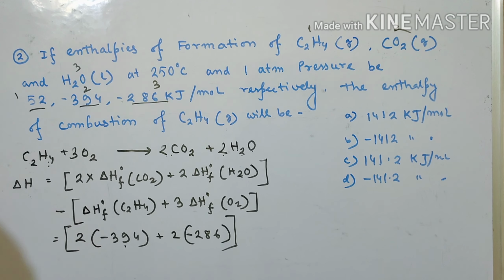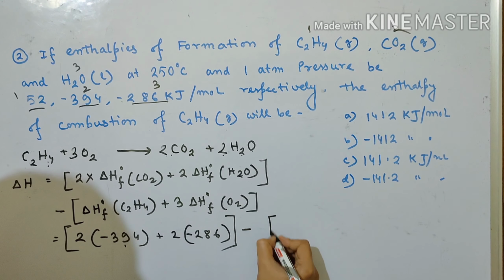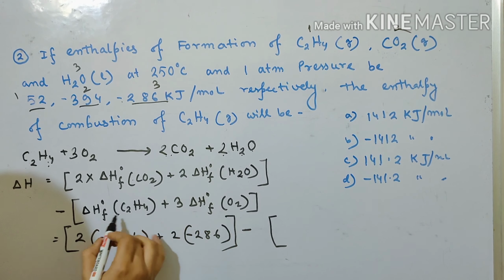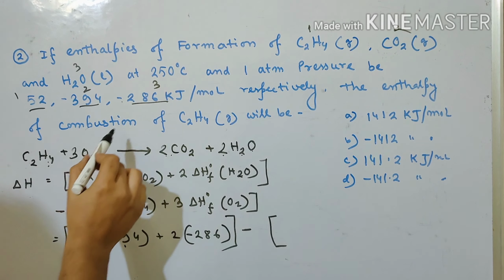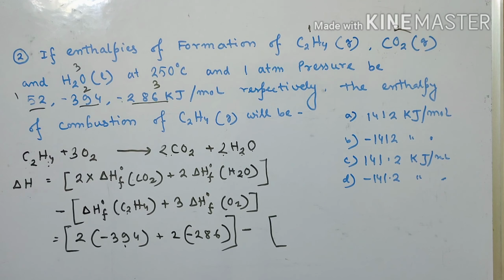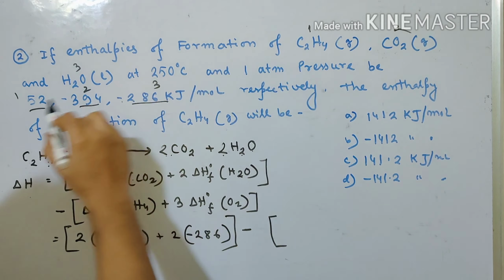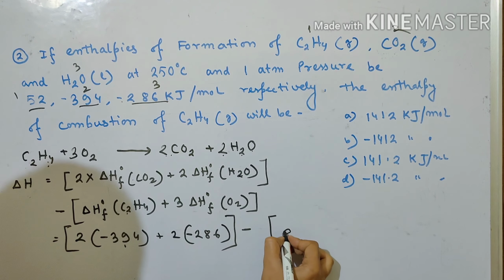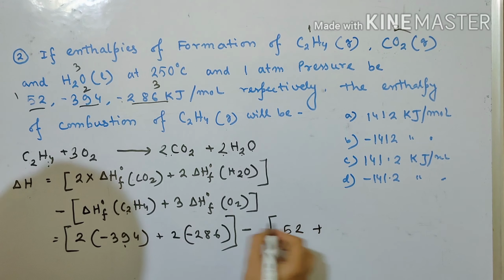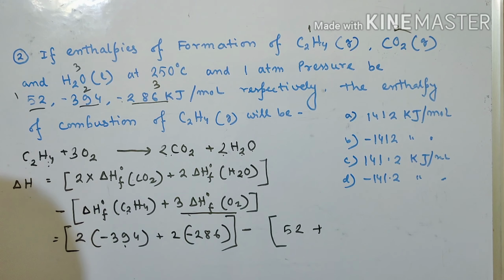And it is minus of, here it is C2H4. The question is, enthalpy of combustion of C2H4 will be how much? For C2H4 it is 52, which is given already. So it should be minus of 1 into 52 plus the heat of formation of oxygen.